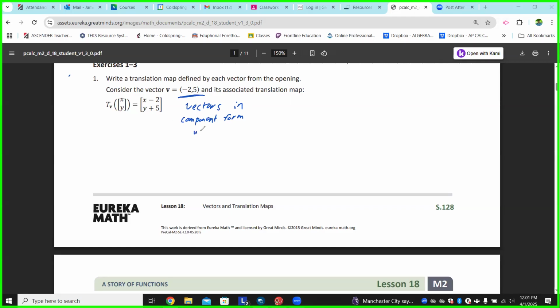So this will be U (3, -4). We'll have V (-6, 0). We'll have W (-2, 2), and T, which will be (5, 7).